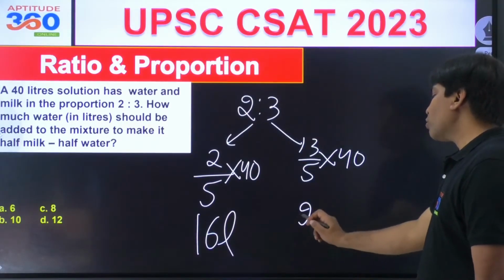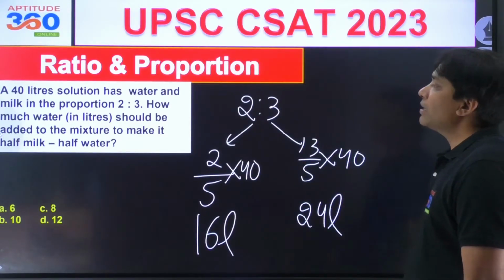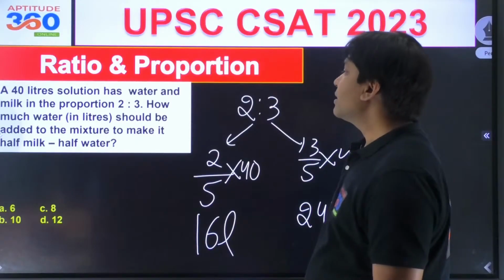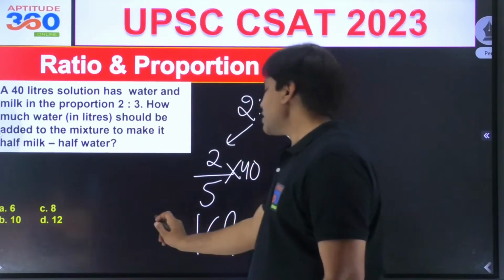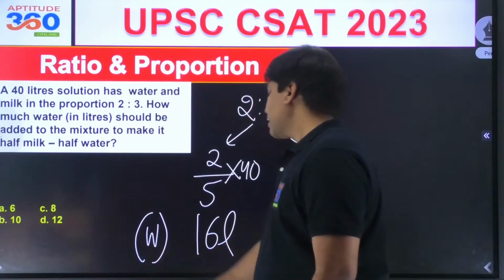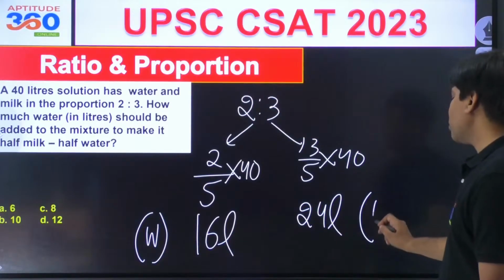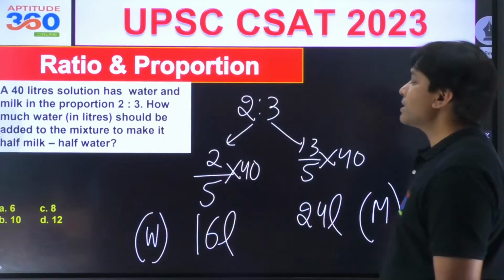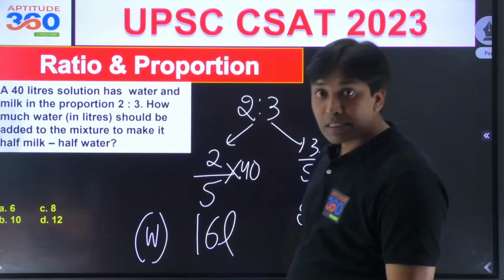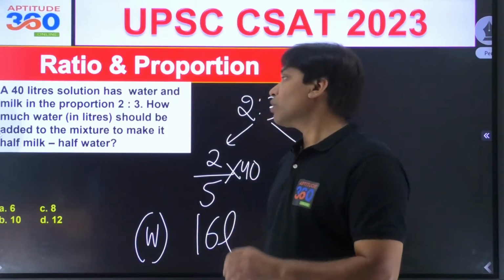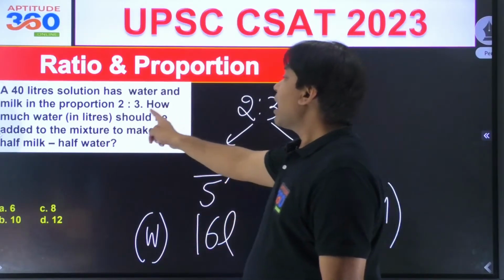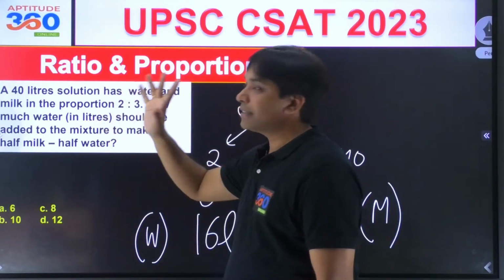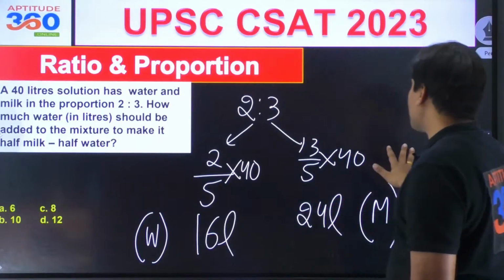This has to be mental calculation. So water is 16 liters and milk is 24 liters. Many people write it as milk and water, which is also a mistake. Milk is 24 liters whereas water is 16 liters. How much water should be added to make it half water, half milk?